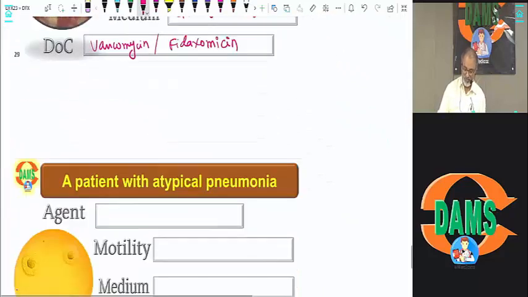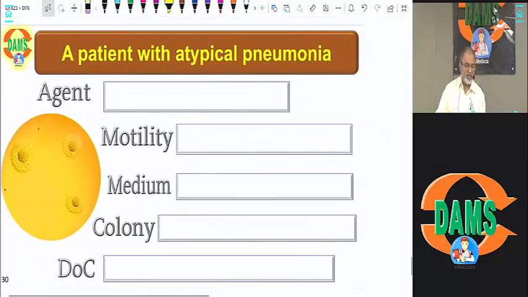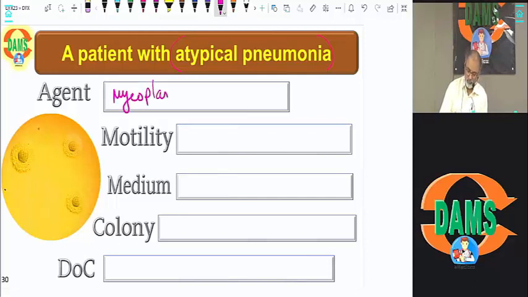Right. Next is a patient with atypical pneumonia. Most common cause of atypical pneumonia? Atypical pneumonia is caused by 3 organisms. Remember MLC: Mycoplasma pneumoniae, Legionella and Chlamydia pneumoniae. Most common cause is Mycoplasma pneumoniae.